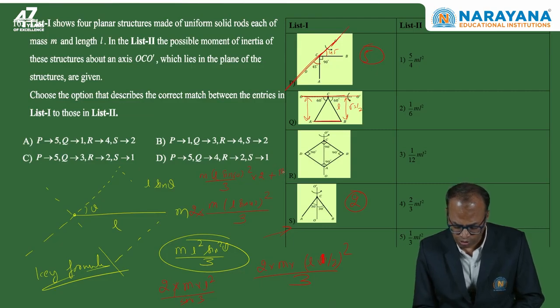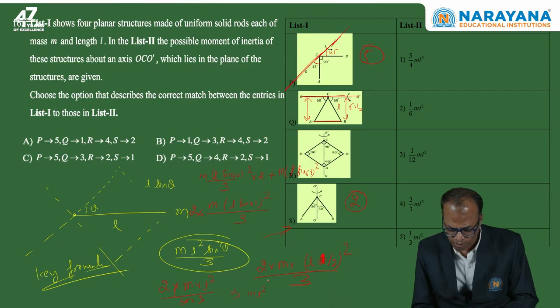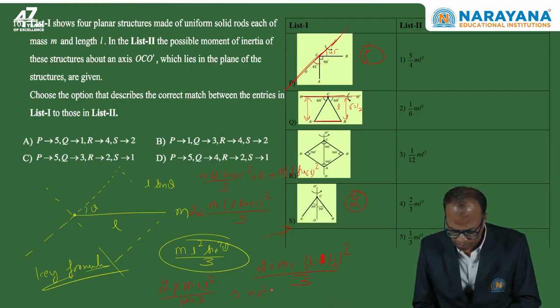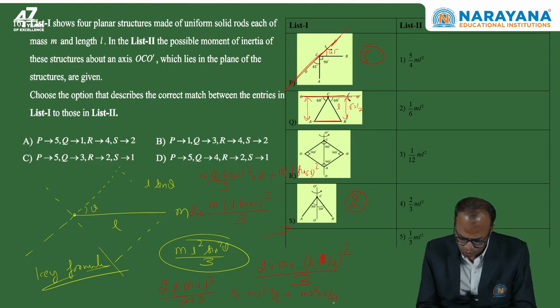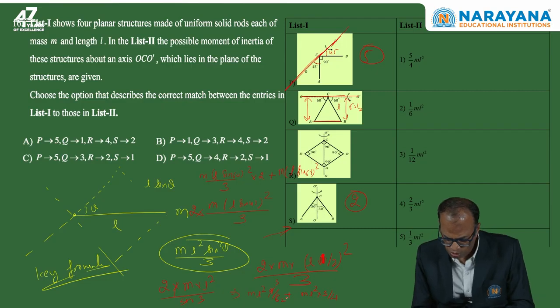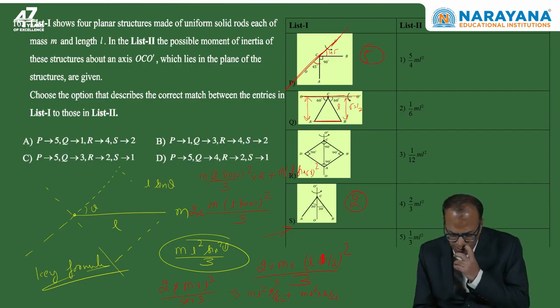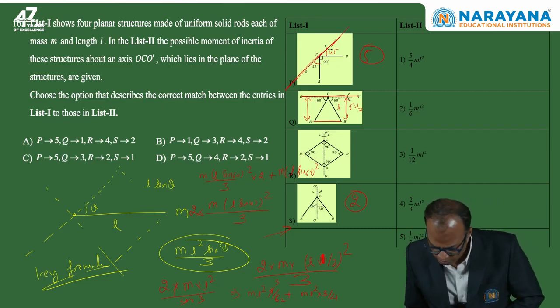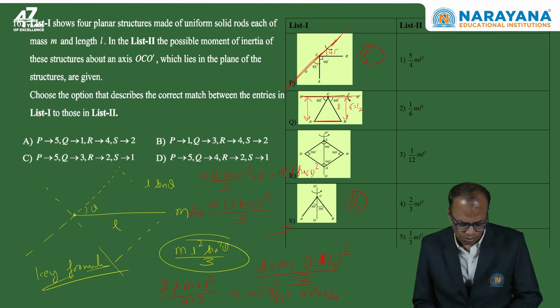So for this, it is m into (L sin 60)². So the final answer must be mL² times 3 by 4 times 3, that is 9 by 4, 9 by 2, 9 by 6, plus mL² into 3 by 4. And 3 threes are 9, 3 twos are 6, so 6 by 4, 9 by 4. Is there an option like this, or did I make a calculation mistake? I'll have to check it carefully.